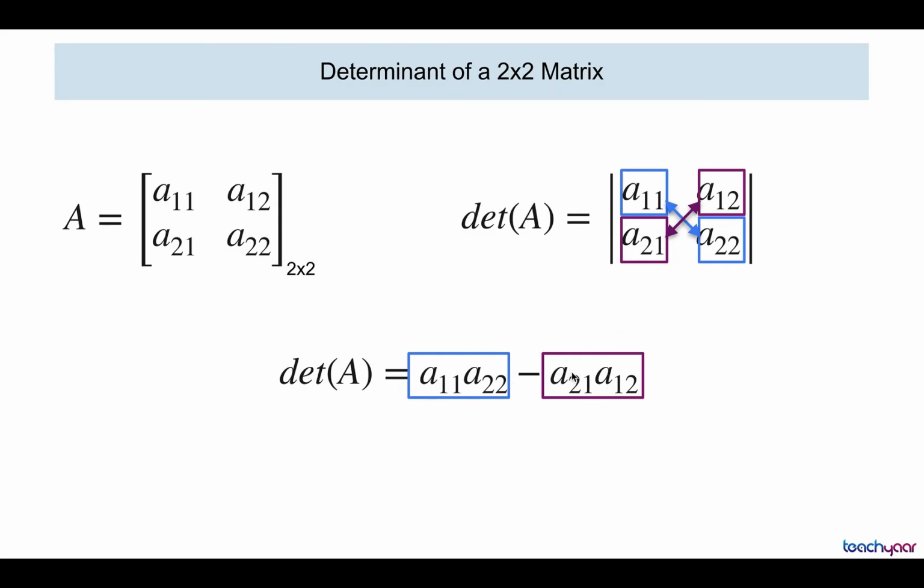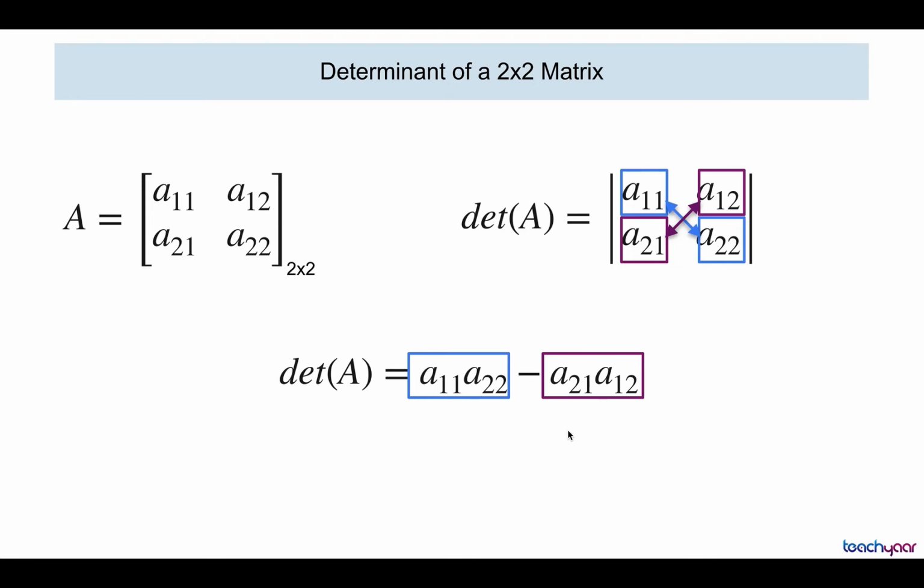That's it. So that's a very simple function, and you can see what the function is, right? The function basically takes in the entire matrix, and then by performing a set of operations on the elements, converts it into a scalar. And for a 2 by 2 matrix, the operation it performs is A11 times A22 minus A21 times A12.